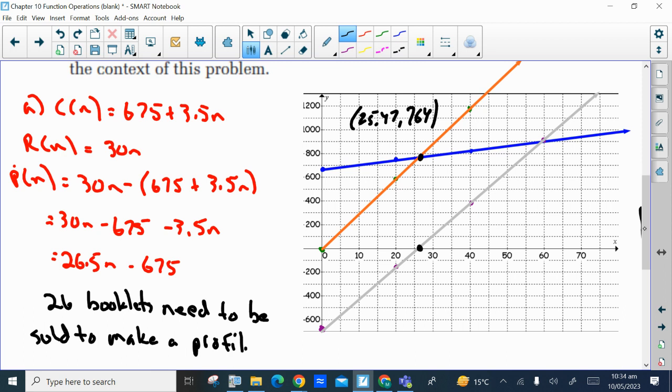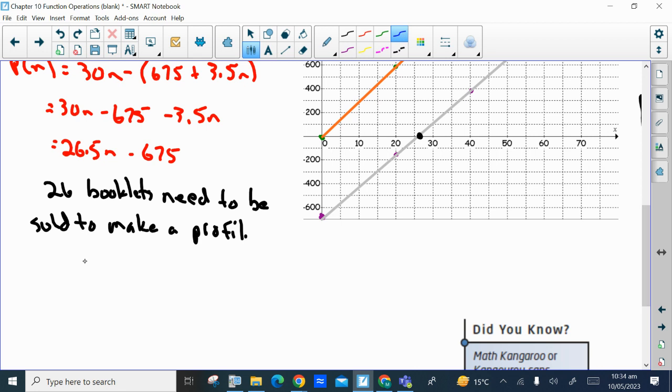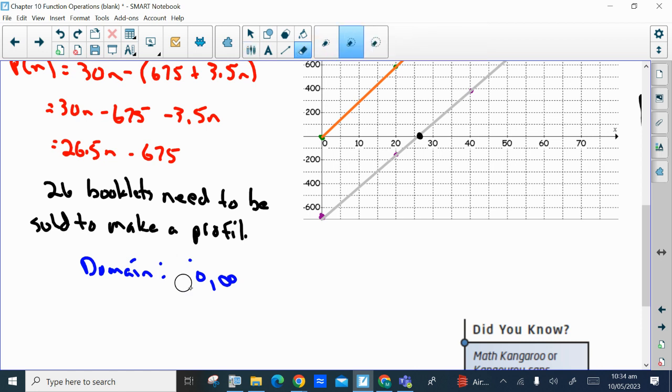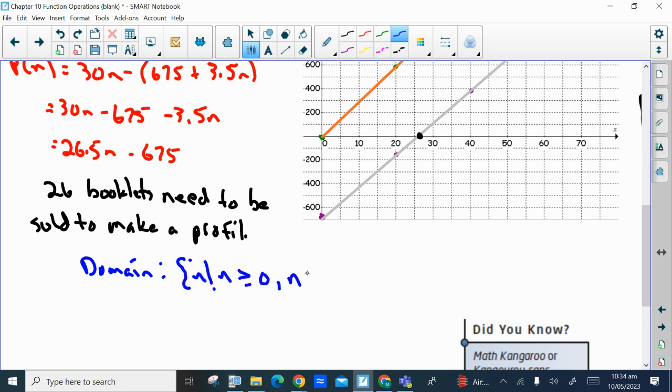And once again, the domain, same as the last one, is that the number of booklets has to be greater than or equal to 0. Now, we probably shouldn't use interval notation, and we shouldn't have on the last one either, because that tells us that it's continuous data, which means that it belongs to the set of real numbers. So we probably should say all values of n such that n is greater than or equal to 0, and n is an element of the whole numbers, because it can't be fractions or decimals.